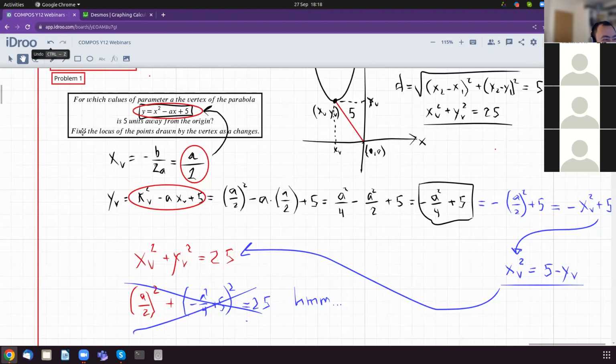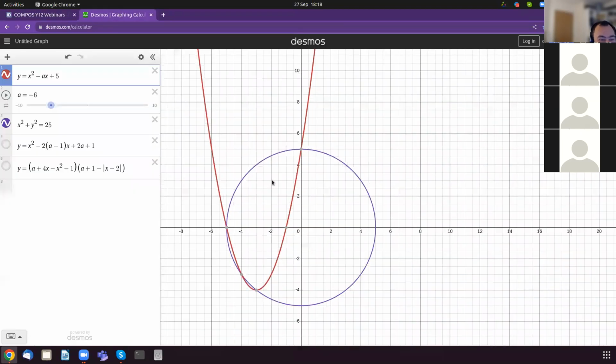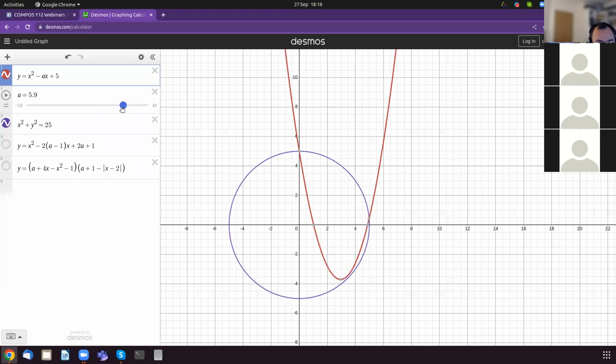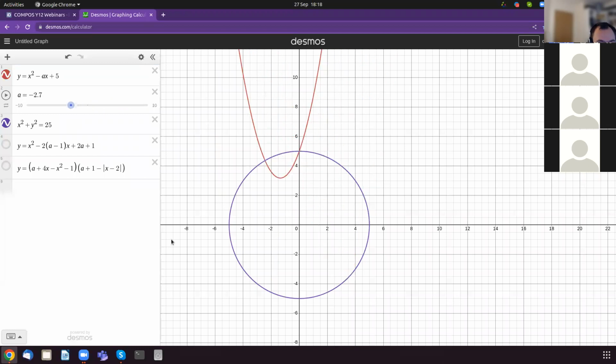It's 5 units away. Find the locus of the points drawn by the vertex as A changes. You might have noticed, look what happens if I just move. It looks as if it is a parabola with a vertex at 5.